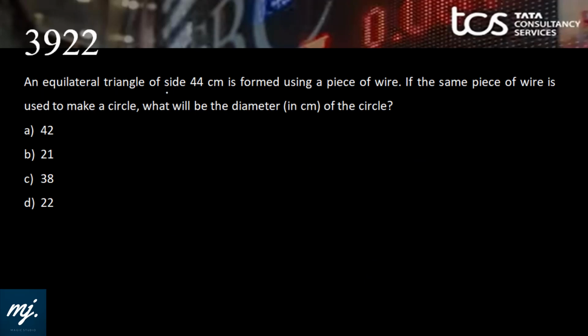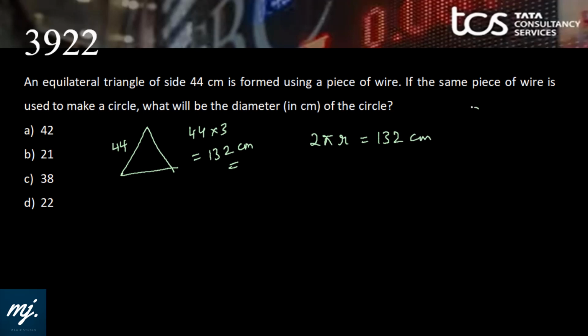An equilateral triangle of side 44 centimeter is formed using a piece of wire. That means the length of the wire is 44 into 3, that is 132 centimeter. If the same piece of wire is used to make a circle, the circumference 2πr should be equal to 132 centimeter. What will be the diameter of the circle?